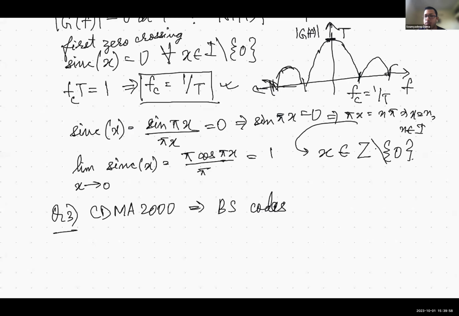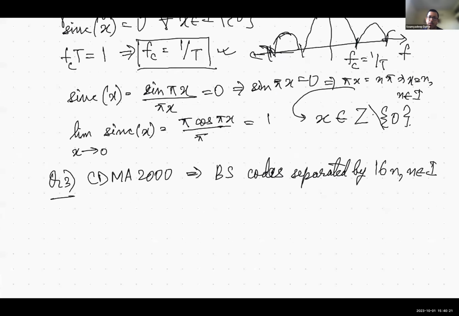Let's say you are told that codes are separated by 16n, where n belongs to the integers. We don't know the value of n here, so let us put n equal to 1, which means codes are separated by 16. So the first base station is given code 0, the second is given 16, the third 32, and so on.